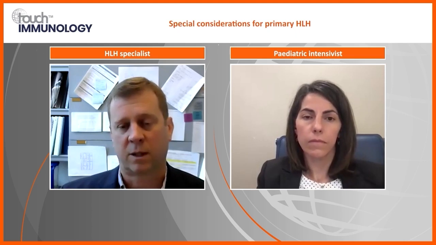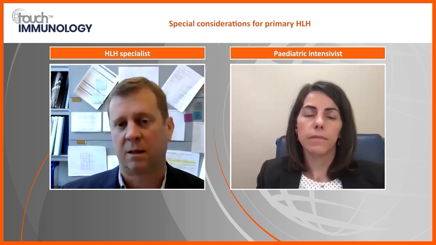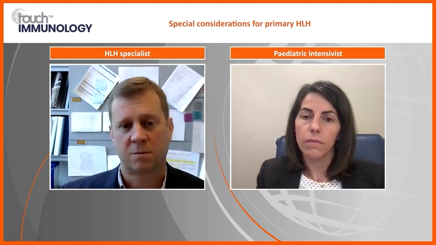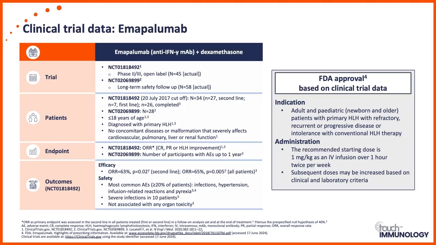In fact, we have data. We haven't published these data, but we think we see evidence that it does facilitate the patient's progress to transplant and their success in transplant. In terms of the published experience with the international pivotal trial, about two-thirds of patients were able to survive and move on to bone marrow transplant, which we felt was a pretty good response considering that the majority of the patients on the trial were being treated in second line and had already failed one or more lines of therapy.